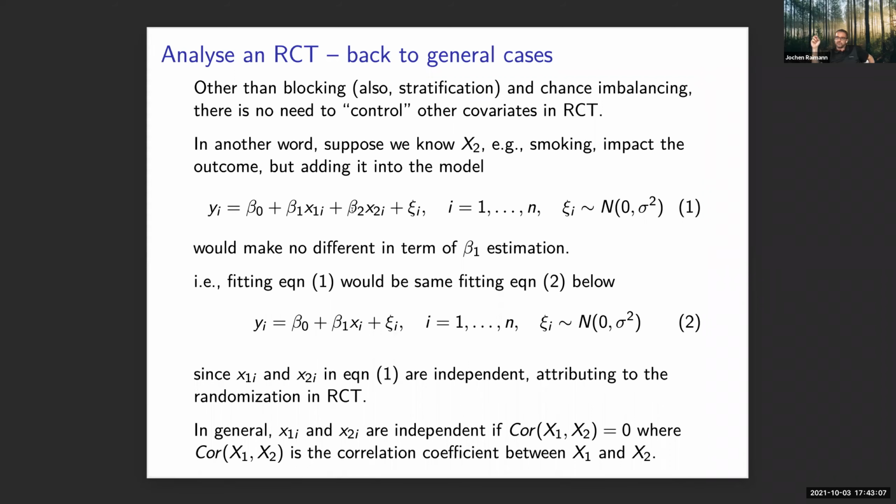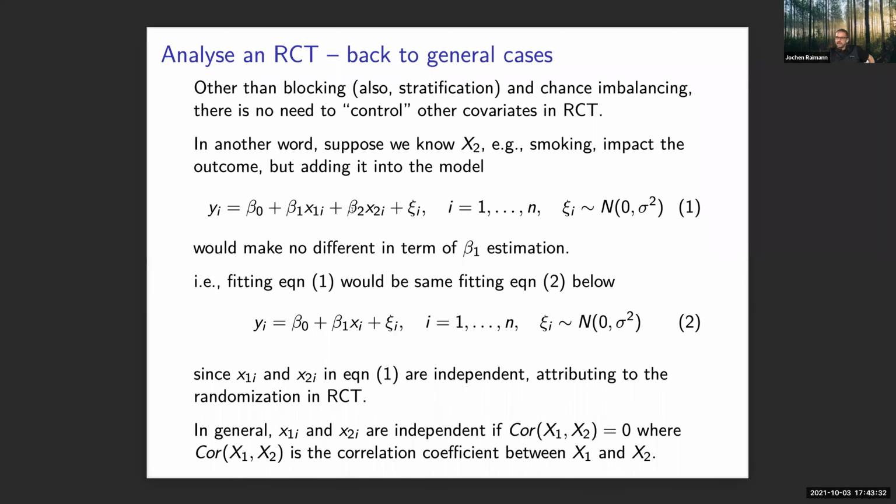So fitting equation 1 would be the same as fitting equation 2, since x1i and x2i in equation 1 are independent attributes essentially due to the randomization. So we do really not need this additional covariate.